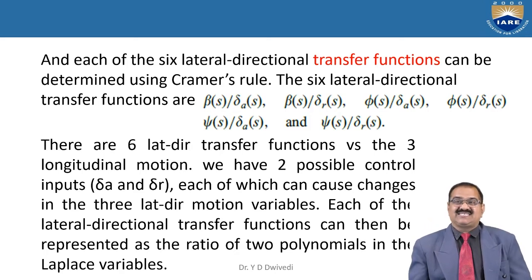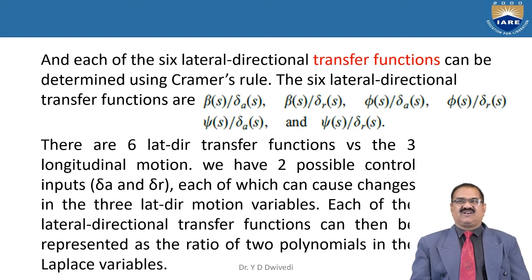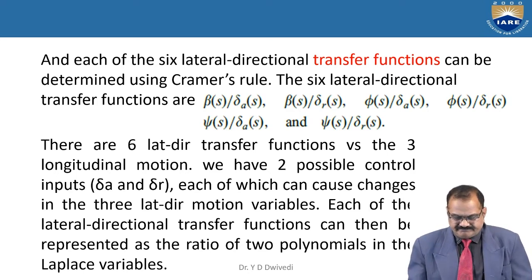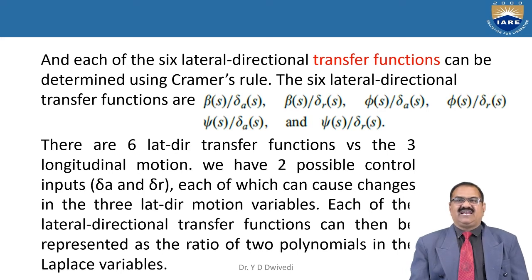So there are 6 lateral and directional transfer functions versus the 3 longitudinal motion. We have 2 possible control inputs, these are the delta a and delta r, each of which can cause changes in the 3 lateral directional motion variables.